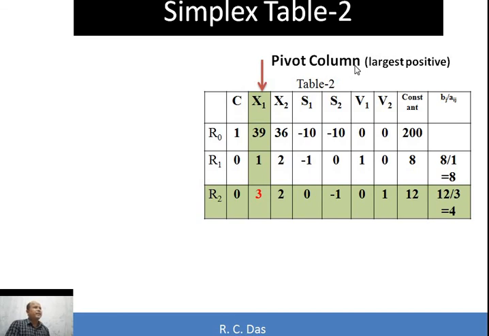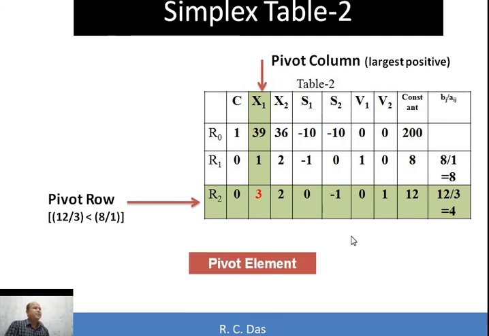Well, taking this pivot column, we have to identify the pivot row. The procedure is that for the constant part, 8 divided by 1 equals 8, 12 divided by 3 is 4. So 4 is the minimum, that is why it is in R2, so R2 is the pivot row. Here 3 is the common element of the pivot column and pivot row, so 3 is called the pivot element.